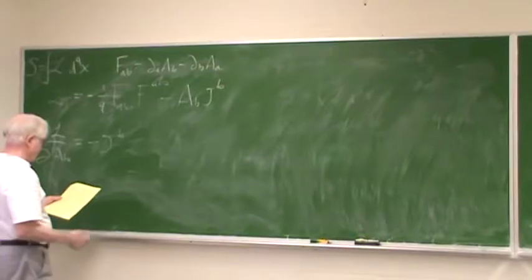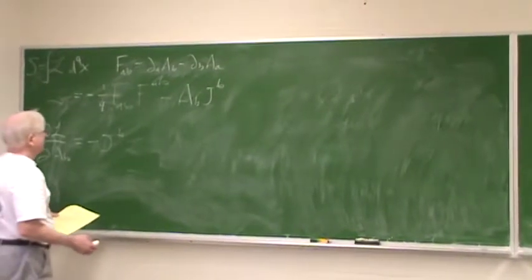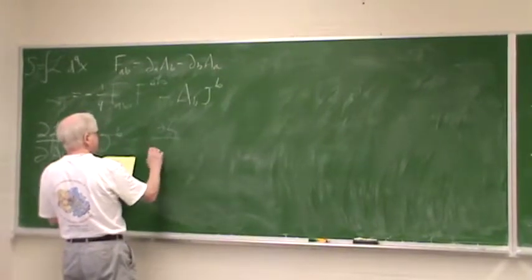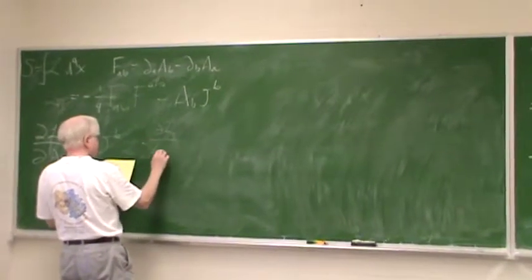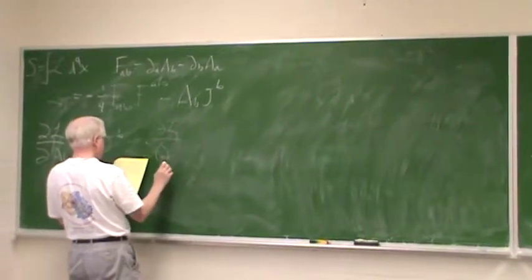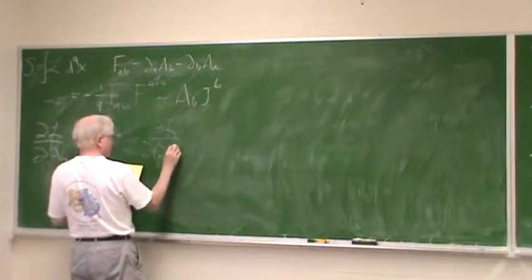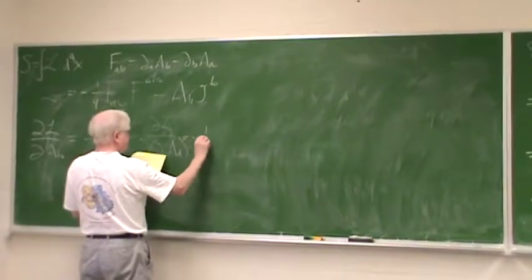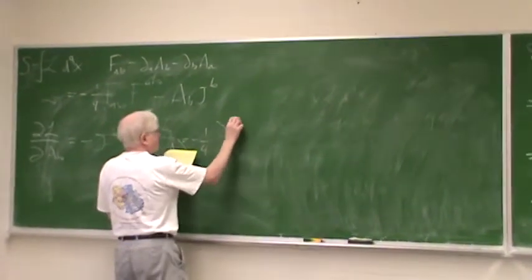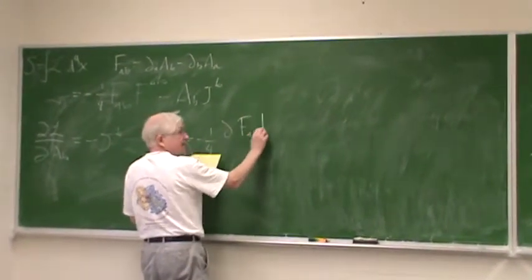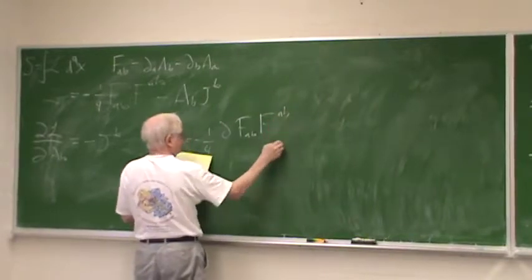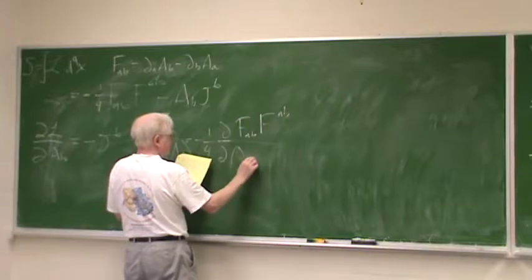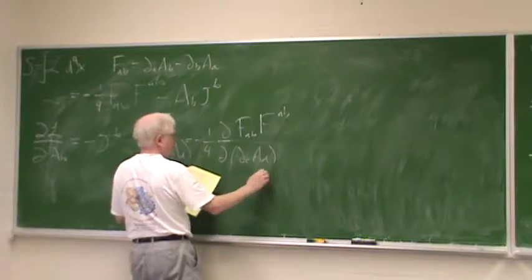All right, so let's do the partial of the action density with respect to the space-time derivative DC of the field AD. So that's -1/4 partial FAB squared over partial DC AD.